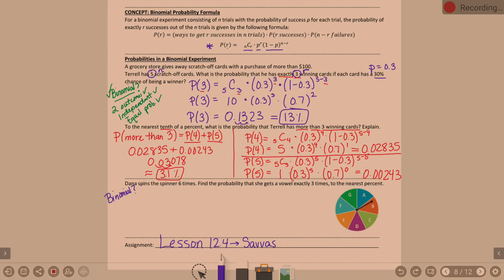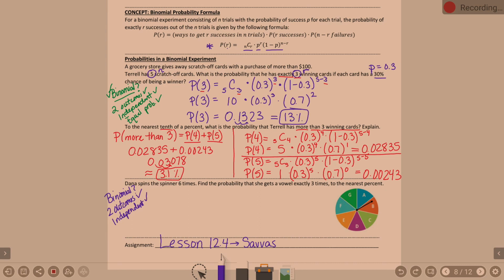She could get a vowel or not a vowel. So 2 outcomes. Appears good. Are the events independent? Does each spin affect the other? Nope, spins are independent. So independent is good.